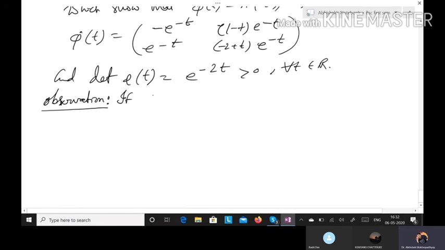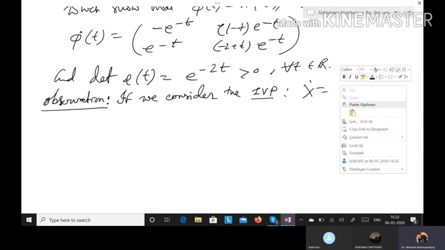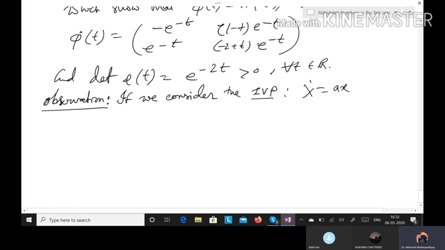If we have the IVP, initial value problem, IVP is the abbreviated term of initial value problem, x dot equal to a x, where x 0 equal to x naught, where a and x naught are constants.